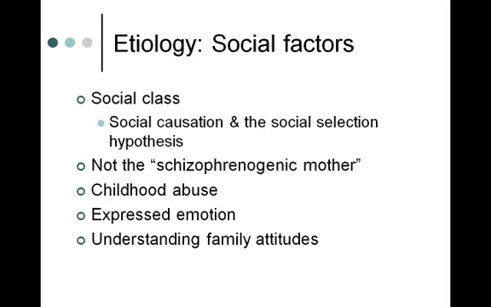Related to that, whenever families have more understanding attitudes, people are less likely to experience relapse. If the family has more tolerance for their symptoms, they're better off. Unfortunately, people generally are able to tolerate the positive symptoms because they see that hallucinations and delusions are schizophrenia.